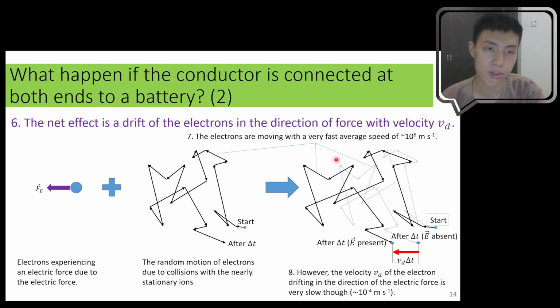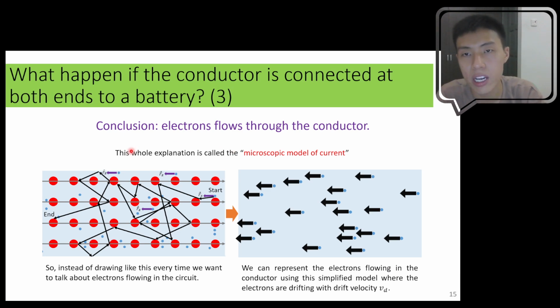All this whizzing around is very fast, but the net effect is just a very slow drift in the opposite direction to the electric field. This red velocity here is very, very slow, but this black arrow over here is very, very fast. This whole explanation is called the microscopic model of current.